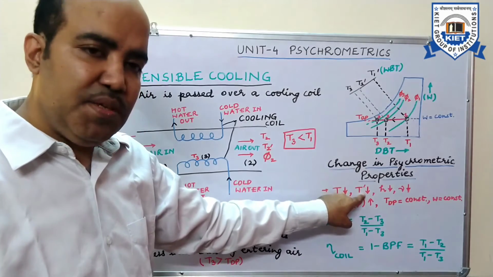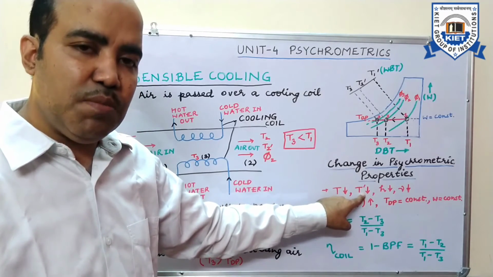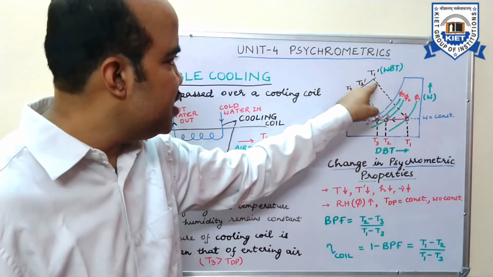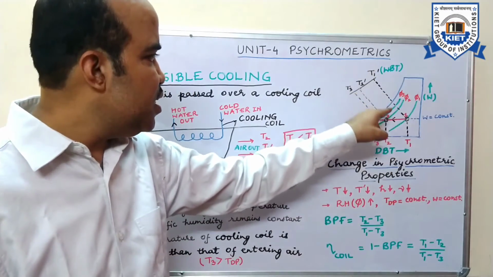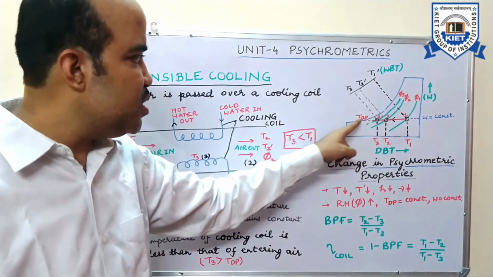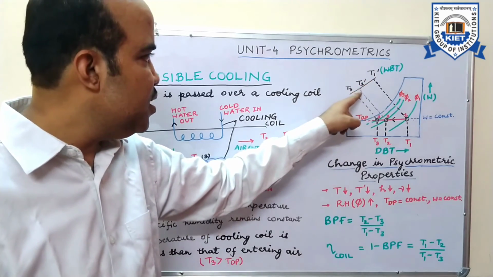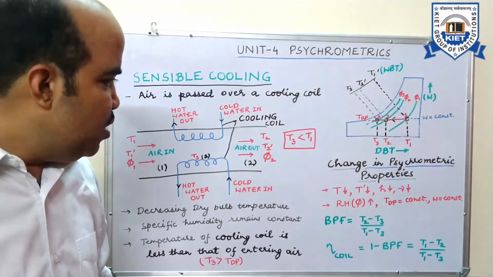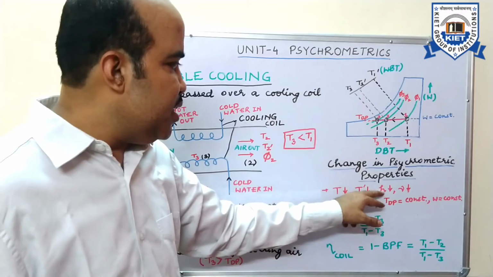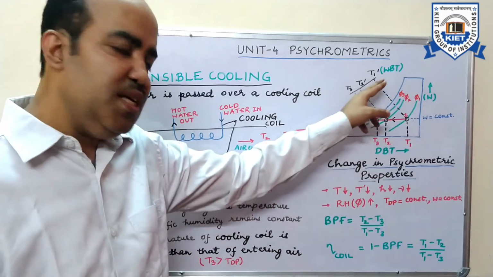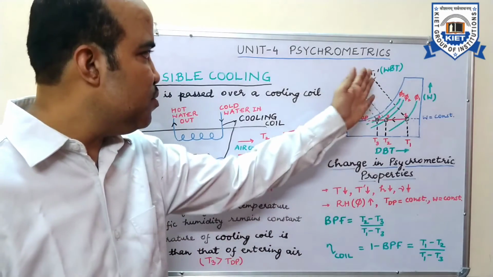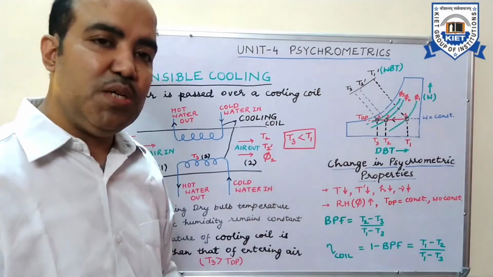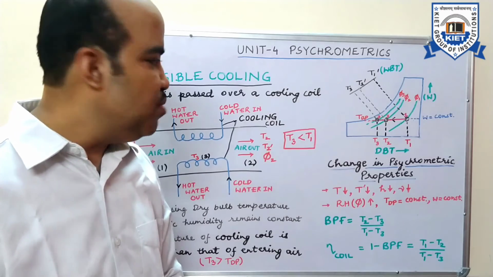After that, we have a decrease in the wet bulb temperature also. Point number 1, as you can see over here, is T1 dash. At outlet we have T2 dash as the value. Then the enthalpy also reduces as you move from the right hand side towards the left hand side on the wet bulb temperature scale.